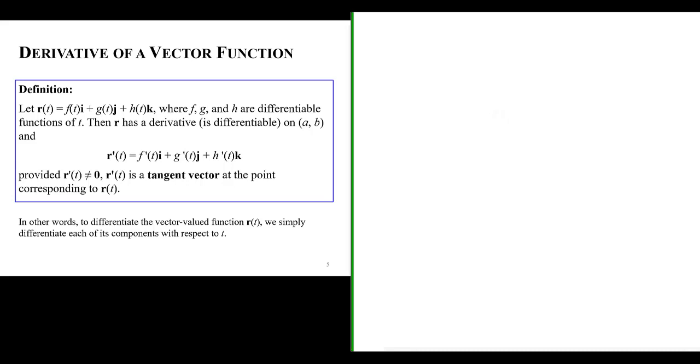We now know that a vector tangent to a vector function at a point in space is equal to the velocity of that vector function. Okay, again, what does that velocity mean? Well, all that is the rate of change of the vector function with respect to the parameter t.